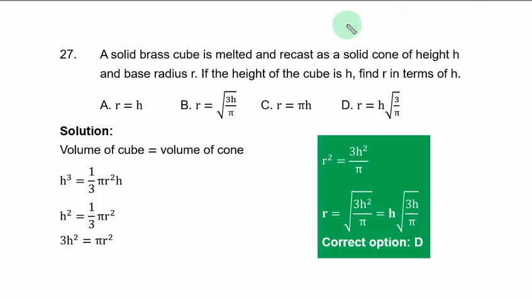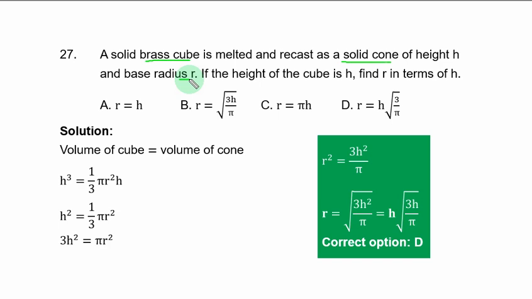Question 27. A solid brass cube is melted and recast as a solid cone of height h and base radius r. If the height of the cube is h, find r in terms of h. What is common to a cube and a cone is volume, and because one was obtained from the other, their volumes are equal.